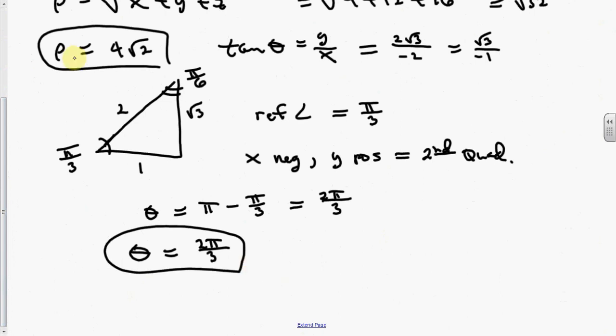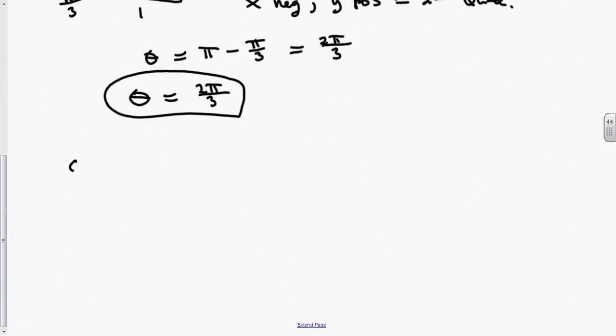So we got rho, we got theta. Now we need phi. To get phi, we use cosine of phi, which is z over rho.